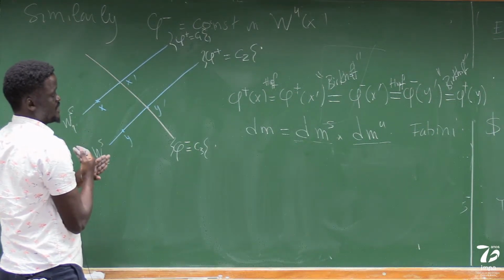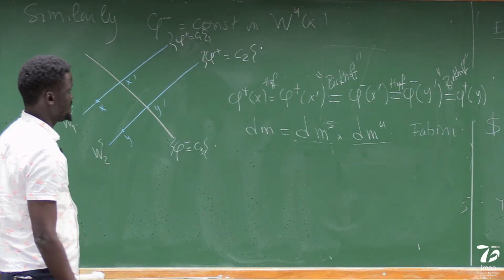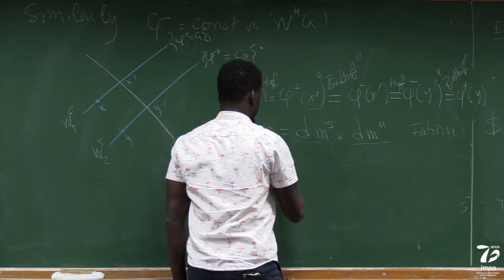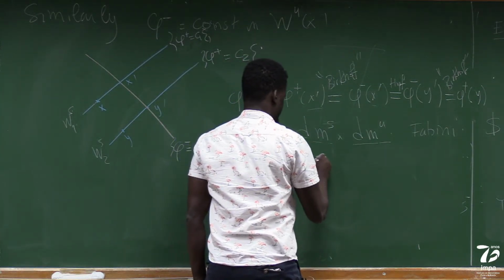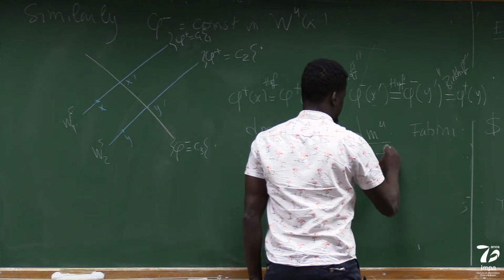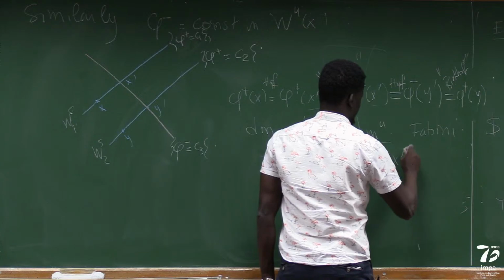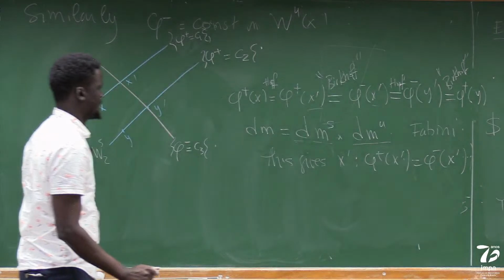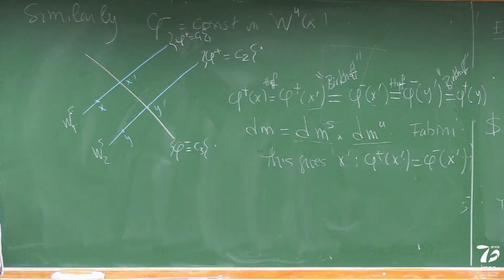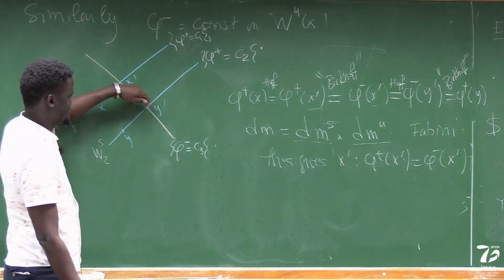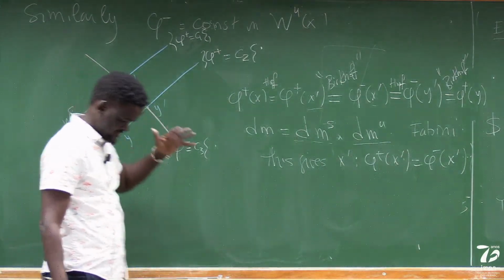This is what gives the existence of x prime, such that phi plus of x prime equals phi minus of x prime. And this y prime here is also tricky.